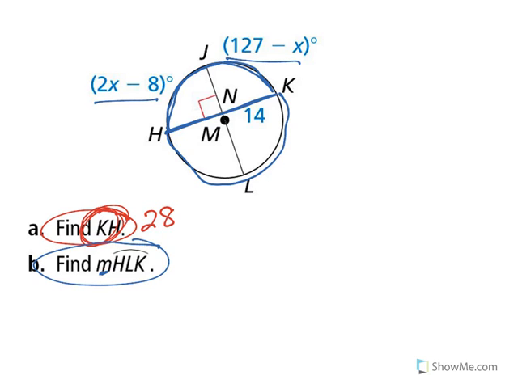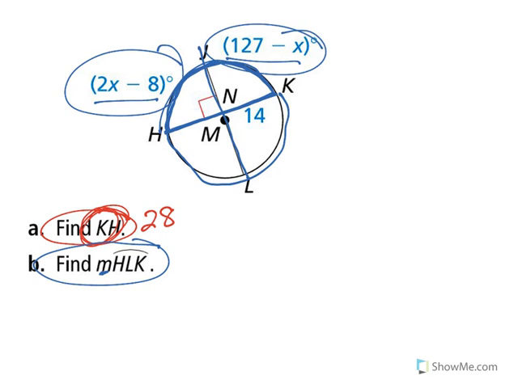The perpendicular chord bisector theorem, that mouthful, tells us that this diameter is not only bisecting this chord, but it's also bisecting this arc here. So what that means is that this is equal to this. So 2x minus 8 equals 127 minus x.